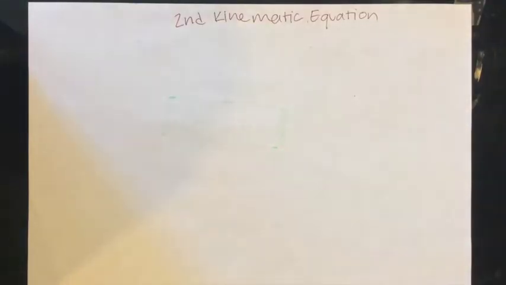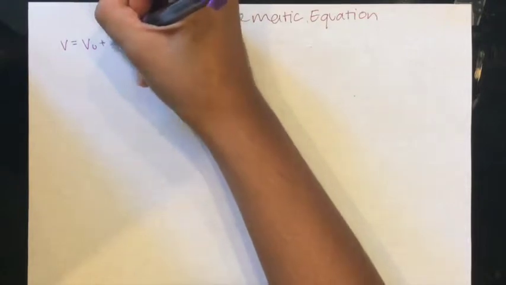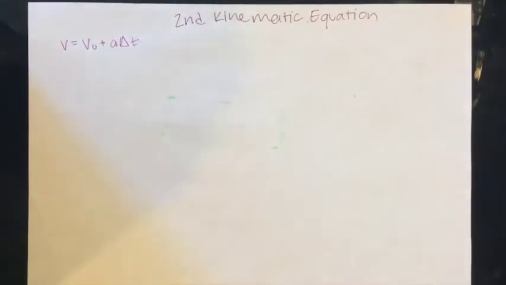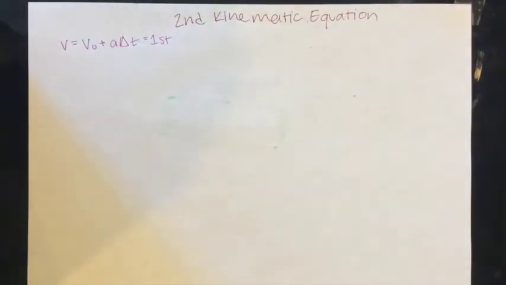In finding the second kinematic equation, we would be trying to find distance. We know that velocity equals v naught plus a delta t, and this is the first kinematic equation.